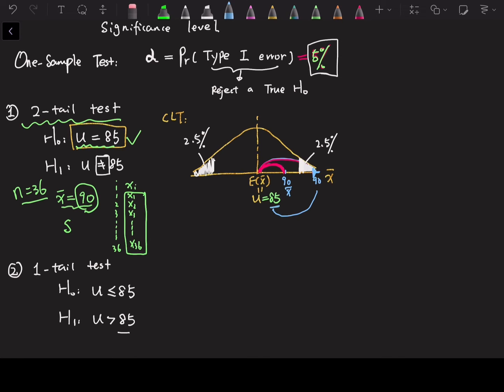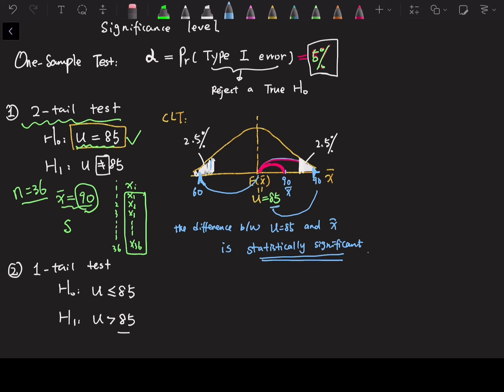Let me write this way: the difference between hypothesized population mean and the computed sample mean is statistically significant. Or if the value is somewhere here, maybe 60, falling in this area, we say the difference between x bar 60 and hypothesized population mean 85 is statistically significant.